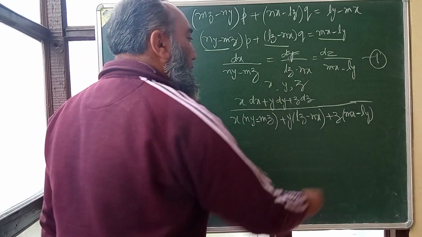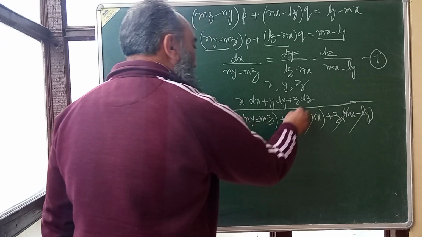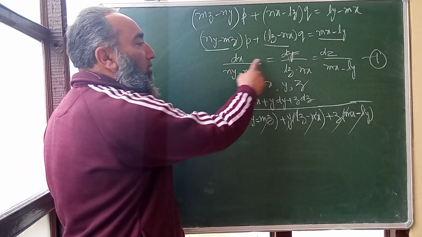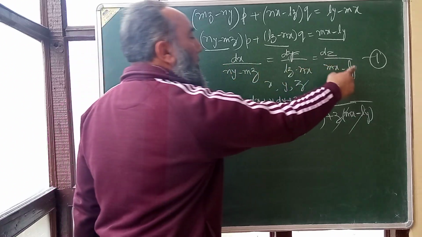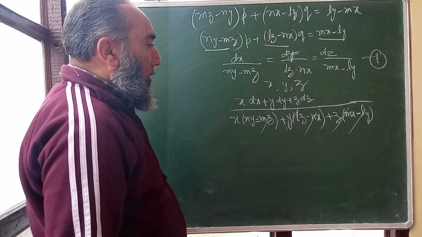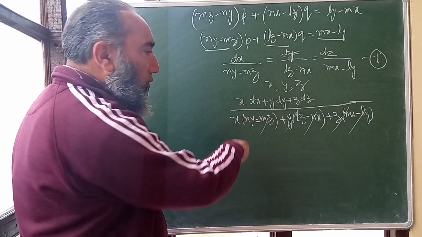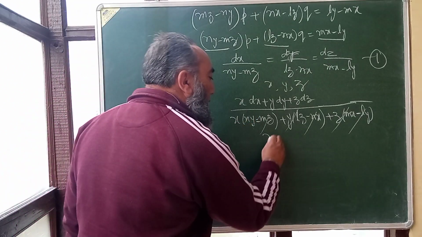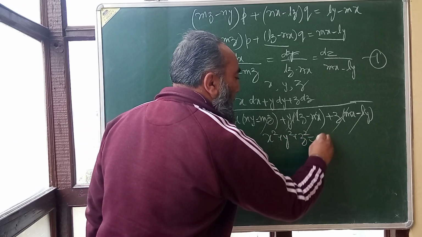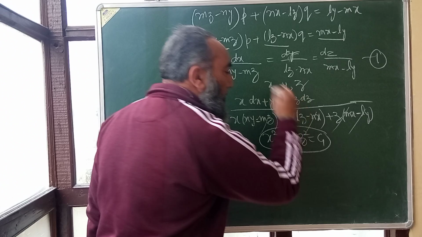So the denominator is 0. With x, y, z as multipliers, each fraction is equal to x dx plus y dy plus z dz divided by the denominator, which is 0, so the numerator is also 0. You will get x square by 2 plus y square by 2 plus z square by 2 equals C1. This is my first solution.